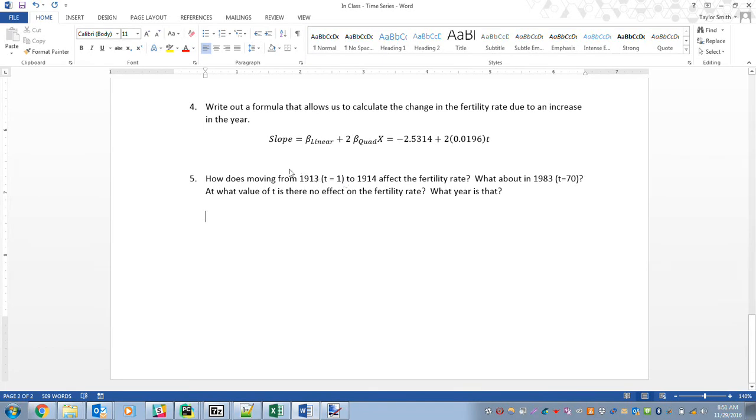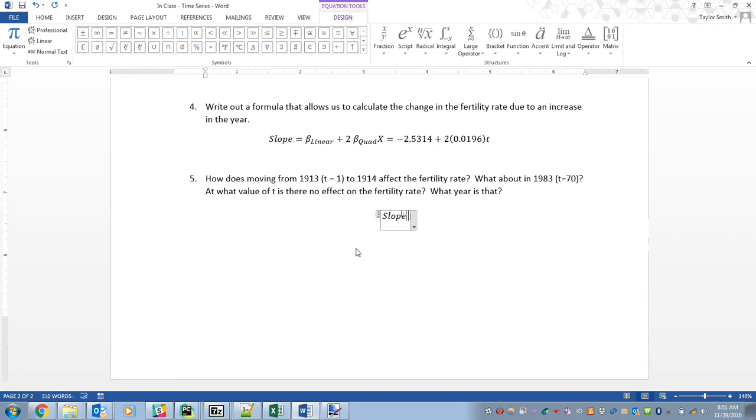How does moving from 1913, which is the first year, t equals 1, to 1914 affect the fertility rate? So what we're going to do is plug into our equation here t equals 1. So the slope is equal to negative 2.5314 plus 2 times 0.0196 times 1.